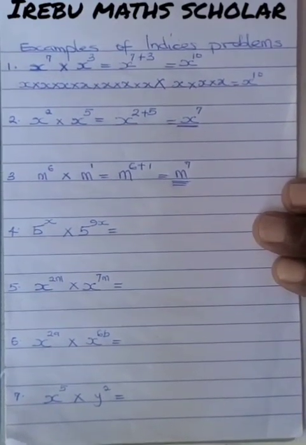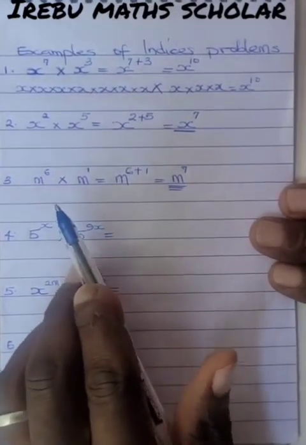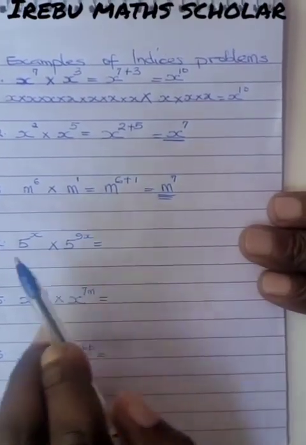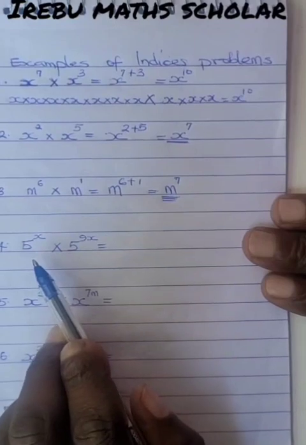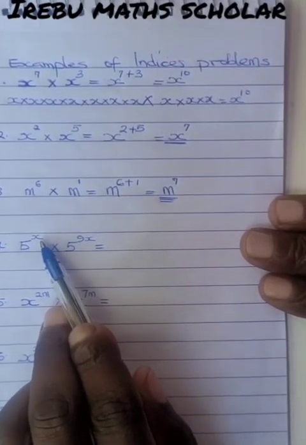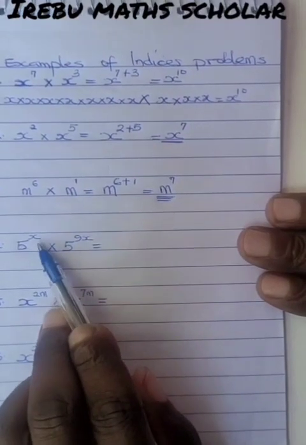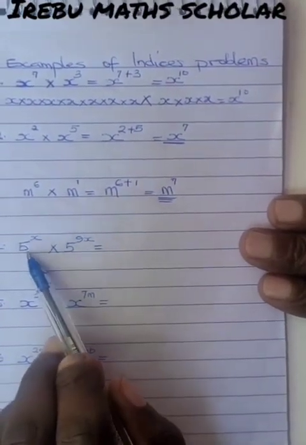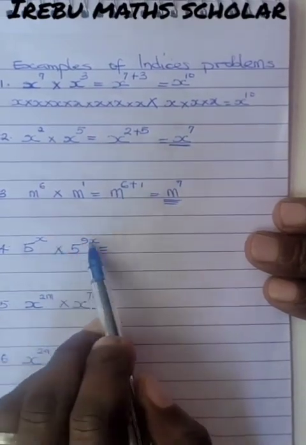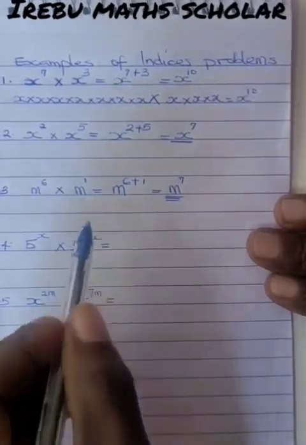Now, don't be carried away that it must be alphabets at the base. There are also times when the base can be numbers, as you can see in example 4. But the power is also an alphabet. As long as they have the same base, 5 and 5, you can easily add up their powers.